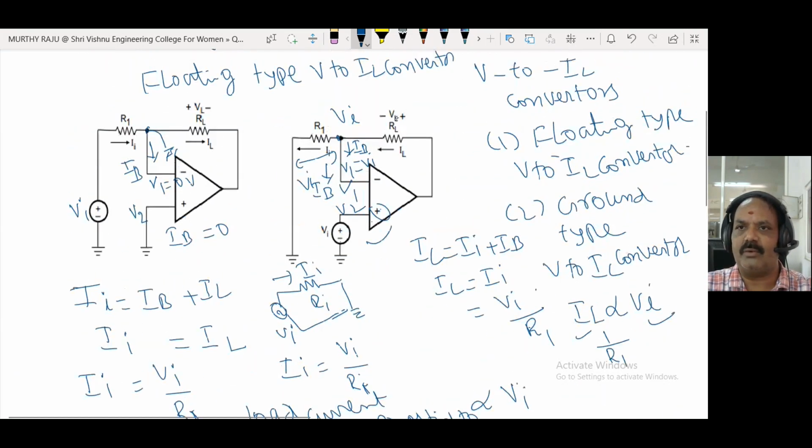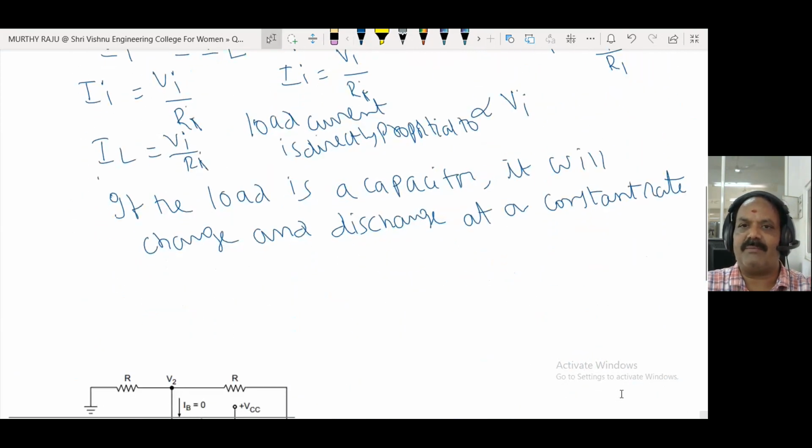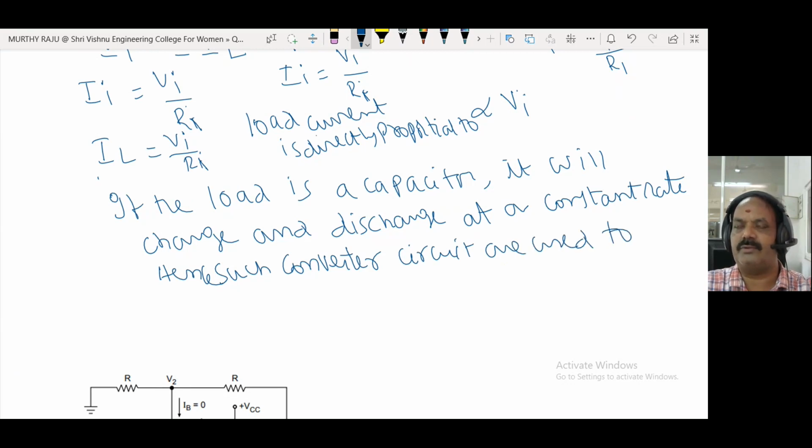Instead of this load resistance RL, we use a capacitor. Therefore, if the load is a capacitor, it will charge and discharge at a constant rate. Hence, such converter circuits are used to generate sawtooth waveform and triangle generator.